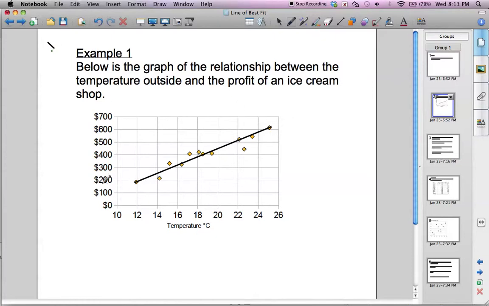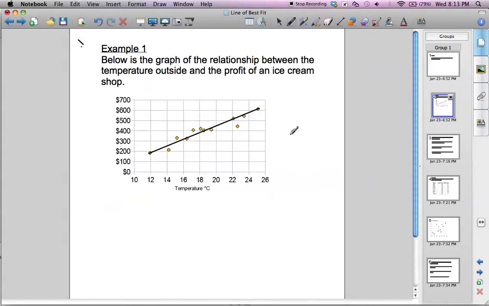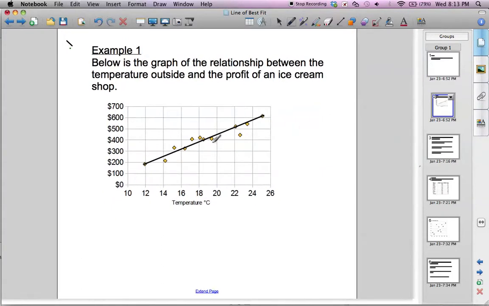Okay, so we have no idea what the y-intercept is or the slope right now. We could calculate these things, and we're going to have the equation of the line, which we're going to use to make predictions afterwards. So right now I'm going to pick 2 points on the line. I'm going to pick this point and this point right here. They're on the line, and I'm going to use those 2 points to find the slope.